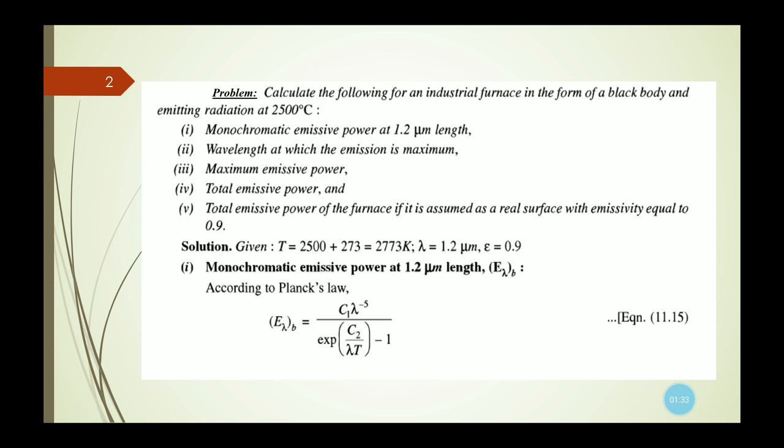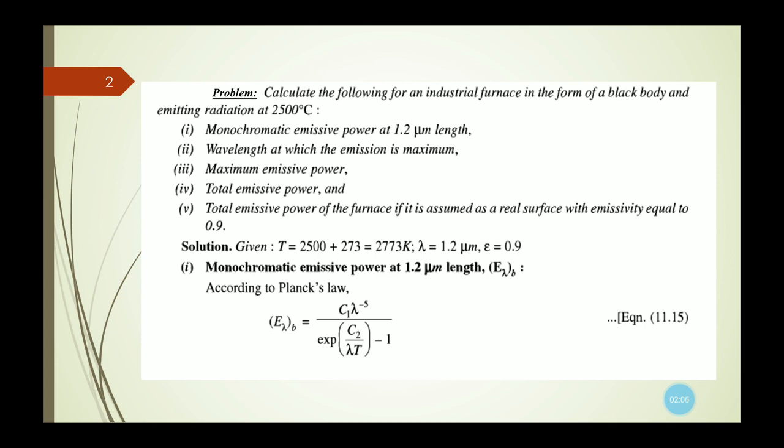Number one is the monochromatic emissive power at 1.2 micrometer wavelength, then the wavelength at which the emission is maximum, then the maximum emissive power, then the total emissive power, and lastly the total emissive power of the furnace if it is assumed as a real surface with emissivity equal to 0.9. So these five different things we need to calculate here.